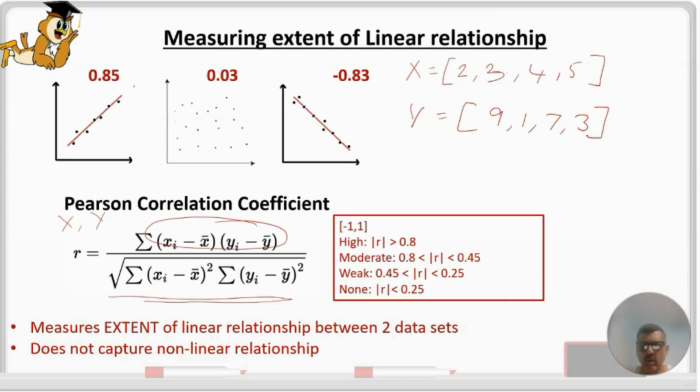Now, if you had to multiply the elements of these two data sets and add everything up together, what would maximize that result? The sequence that would maximize that product would be if you multiplied the largest term in the first data set with the largest term in the second data set, the second largest in the first with the second largest in the second, and so on and so forth.